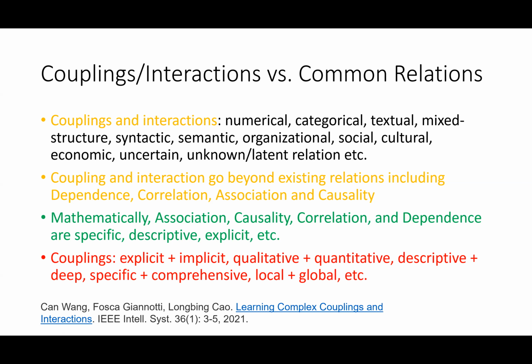But as I mentioned, if I summarize here, in a real world problem or data, it may involve explicit and implicit relations or interactions, or quantitative or qualitative, or specific or comprehensive. It means you've got a hierarchy as well, like from local to global, et cetera. But of course, it always refers to complex systems, complex behavior, and complex data.